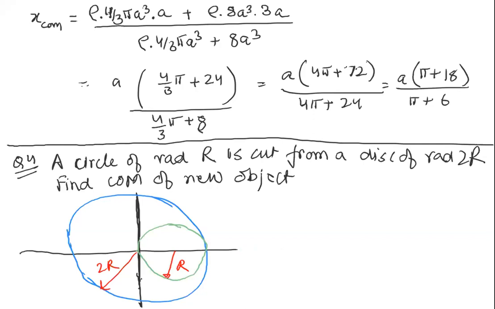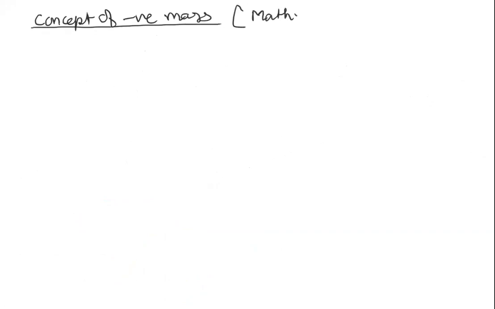Okay, so what we do is we have a concept in physics called the concept of negative mass. Now, this is a mathematical concept. It has got nothing to do with reality because there is no such thing as negative mass.